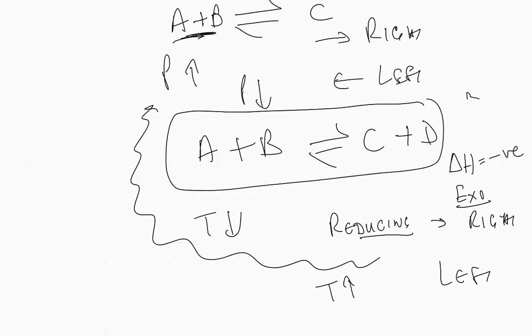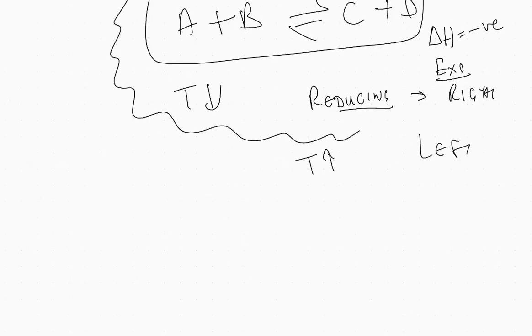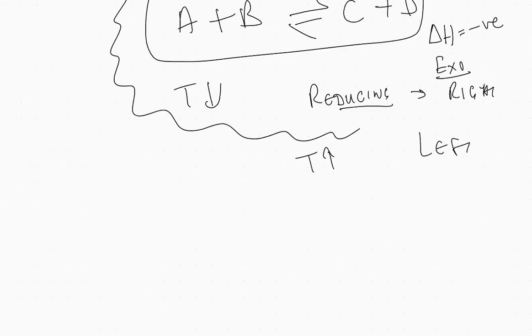But in an endothermic reaction, where delta H is positive, the opposite happens. If you reduce the temperature, whereas earlier it moved to the right, now it has to move to the left. Increase the temperature, then you move to the right in an endothermic reaction.